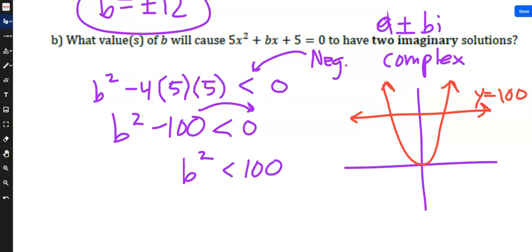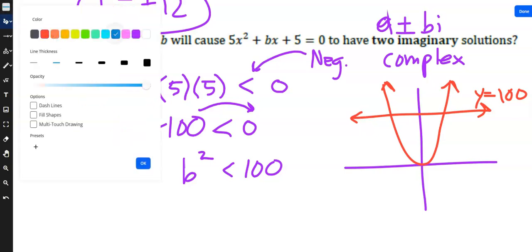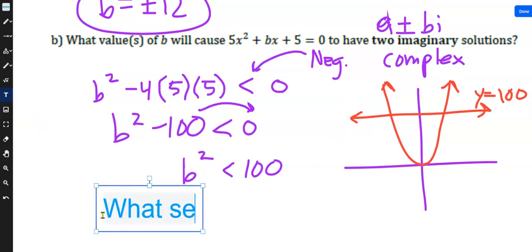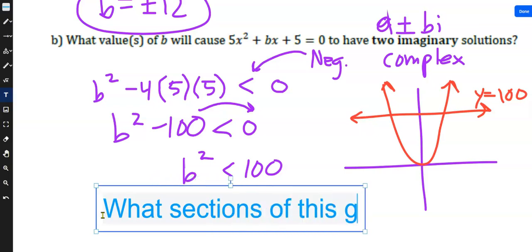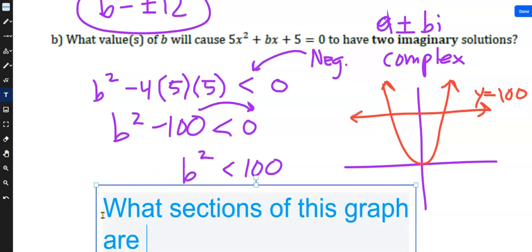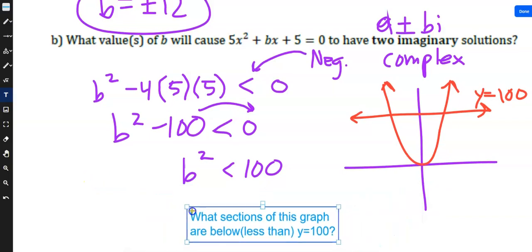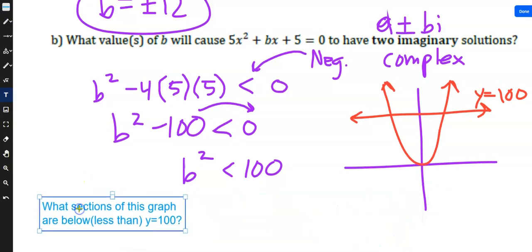What sections of this graph are below, because it says less than, right? Y equals 100. What sections of the graph are below?